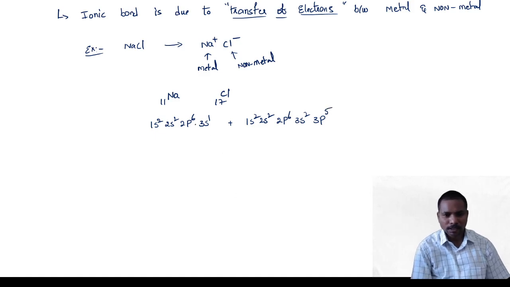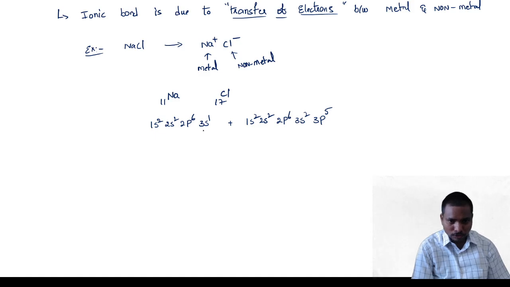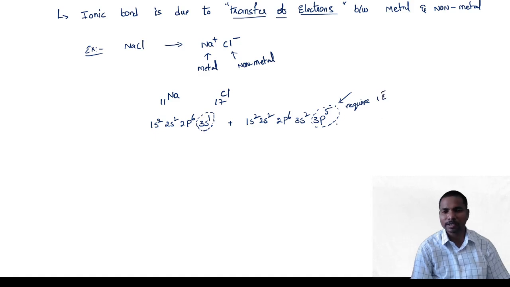To get a stable position, sodium has one electron available, but chlorine, to complete the outermost orbit, requires one electron. If it gets one electron, it becomes 3p6, which is stable. In the outermost orbit we have 2 plus 5, that is 7.